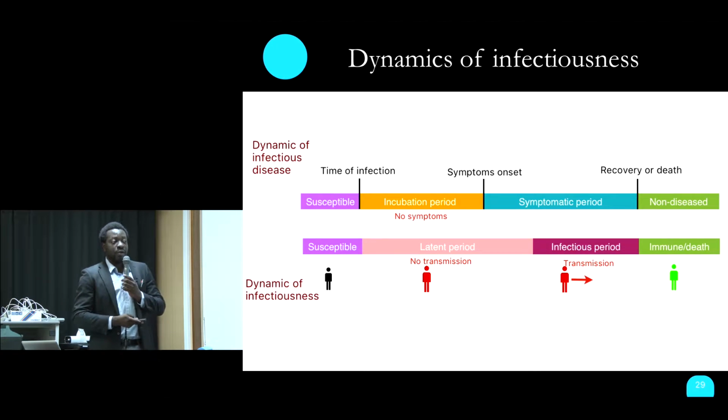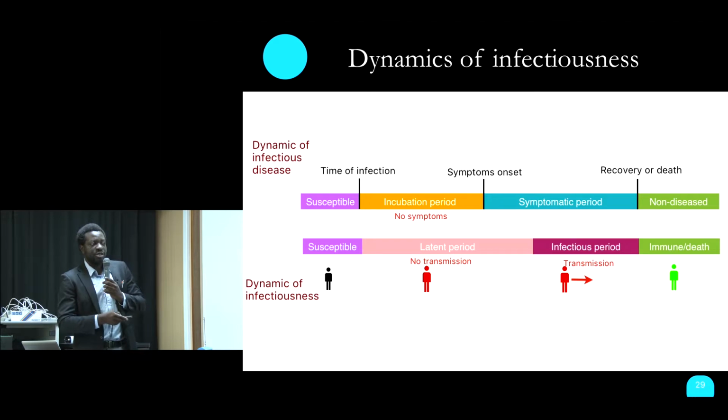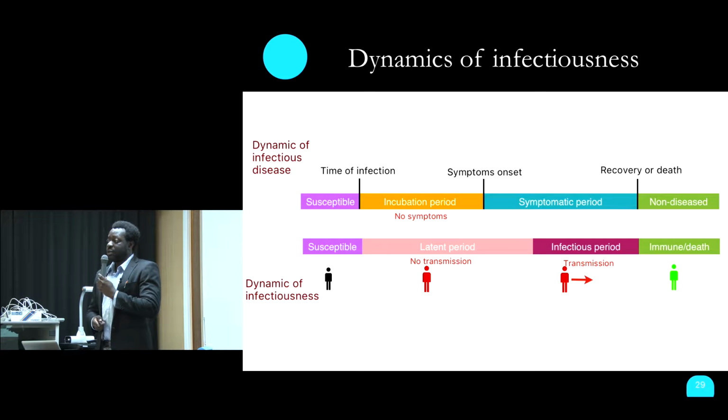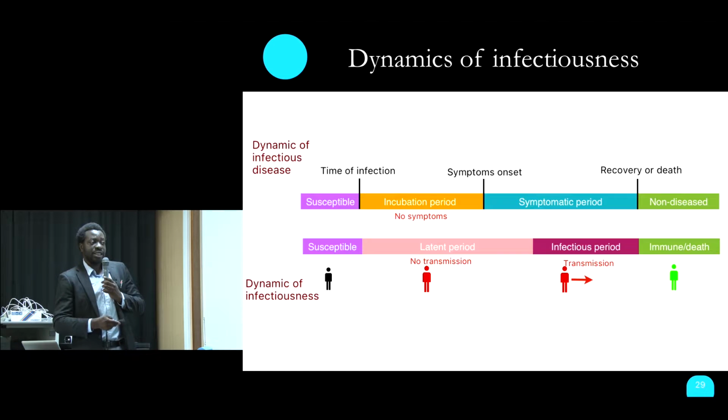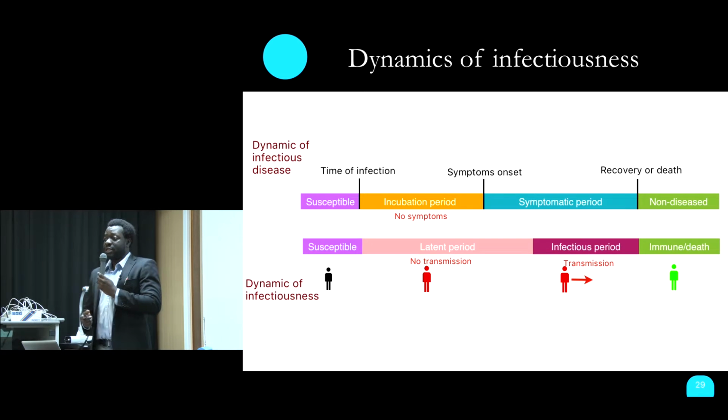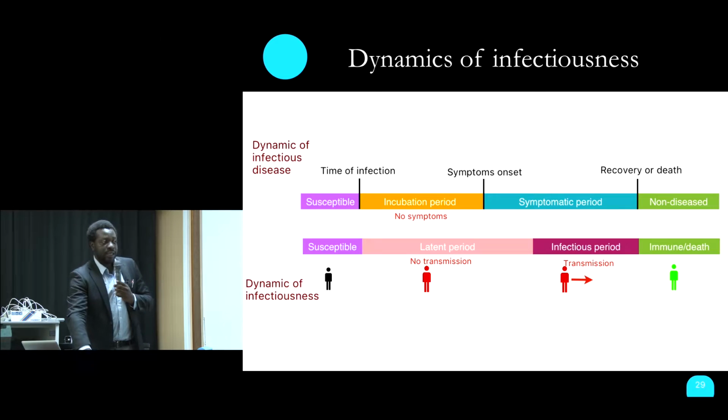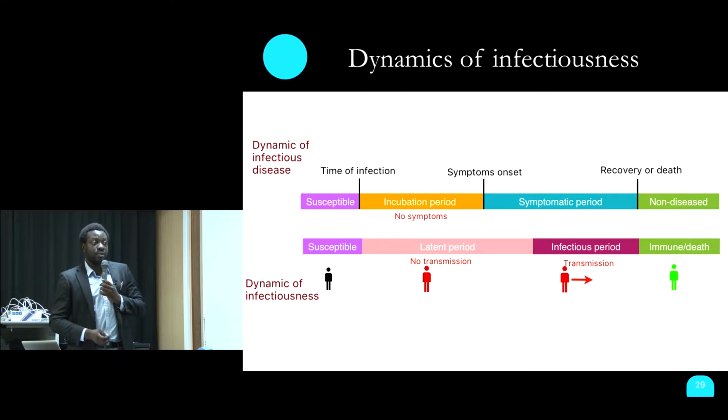But when we look at transmission, the picture is just slightly different. In terms of transmission, we still have the susceptibility period. But then from the time of infection, we have one period that we call the latent period. The characteristic in this period is that the person is infected, but is not able to transmit the infection to other people.